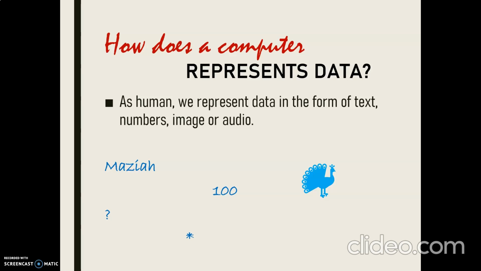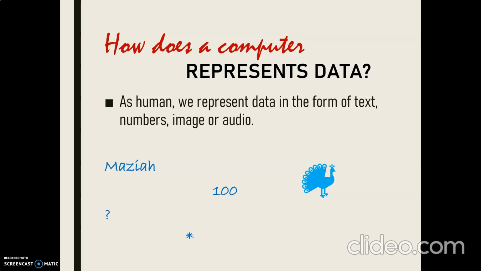When we key in those data, we do not think of how they are represented in the computer, because immediately we can see the thing that we type on the screen. So now we are going to think how the computer represents those data.